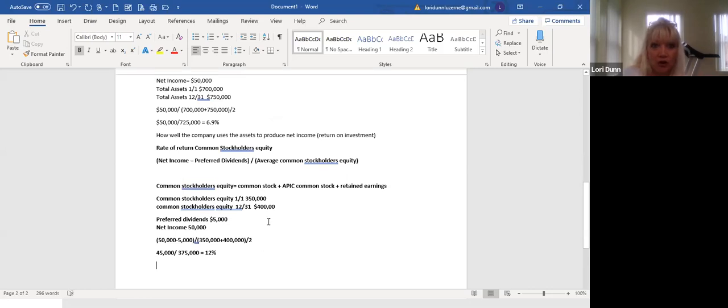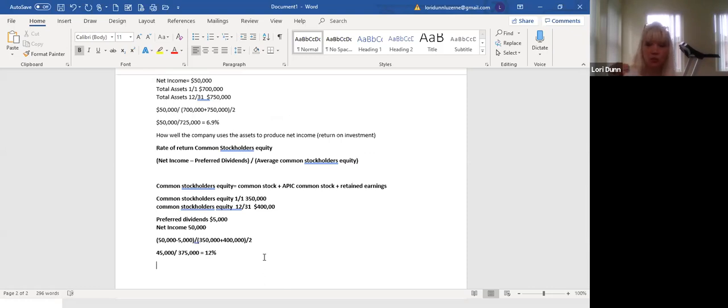So although the overall return to everybody, return on assets of all the money given for assets is like 7%. The part of the money that is given from the common stockholders for the assets, they're getting a return of 12%. So from an investor's perspective, they're saying, I want that ratio to be at a certain level.